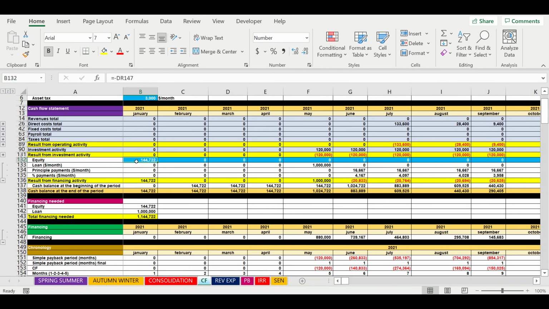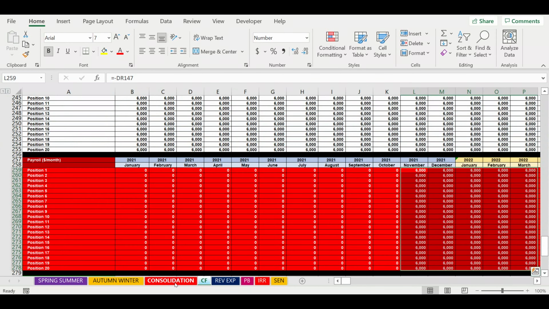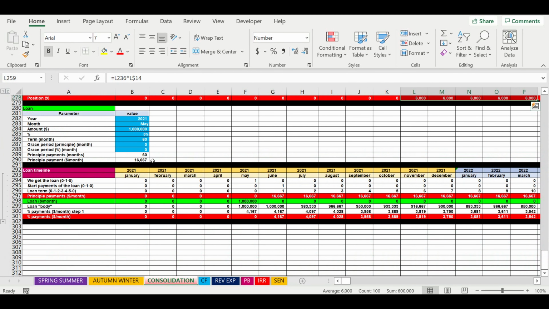It is your financing. You may also add a loan. Here you can specify the amount of loan. You can specify the month and year when you get this loan, the amount of loan, interest rate, the term of the loan in months, then the grace period in months for principal payments, and the grace period for interest payments in months.